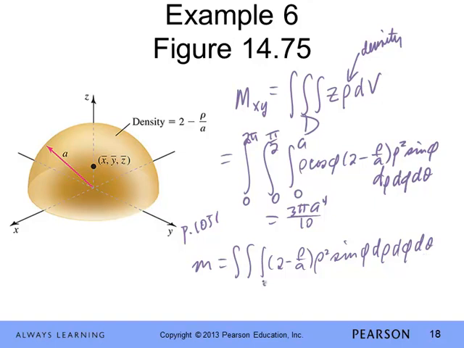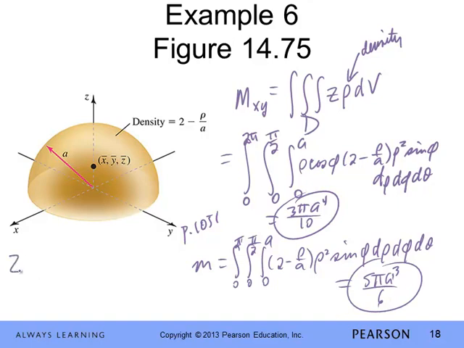Same limits of integration: 0 to a, 0 to pi over 2, 0 to 2 pi. And that mass worked out to be 5 times pi times a cubed over 6.